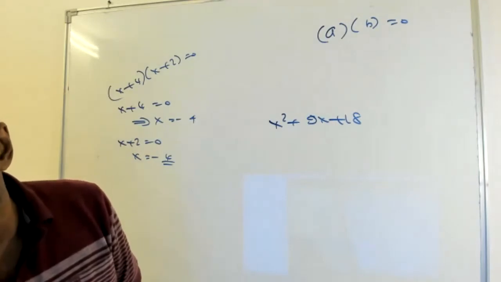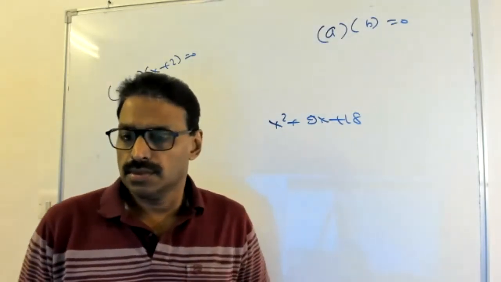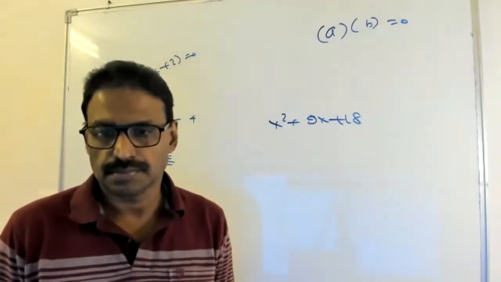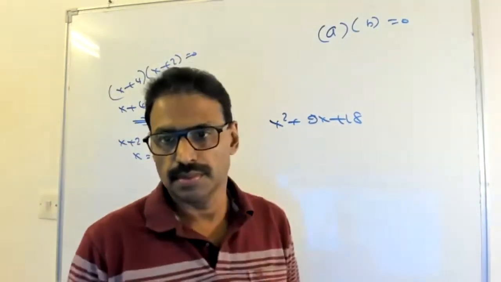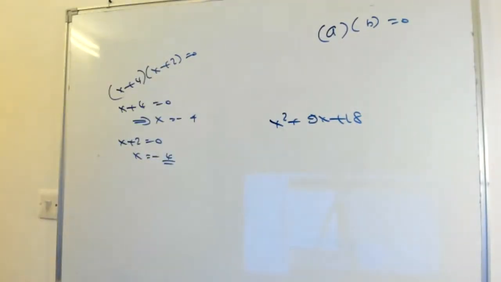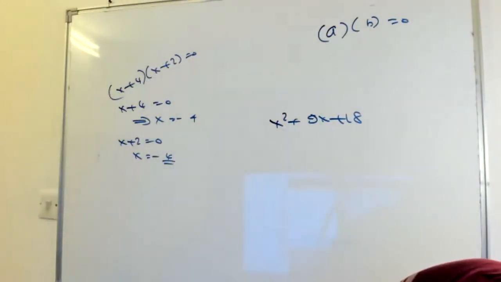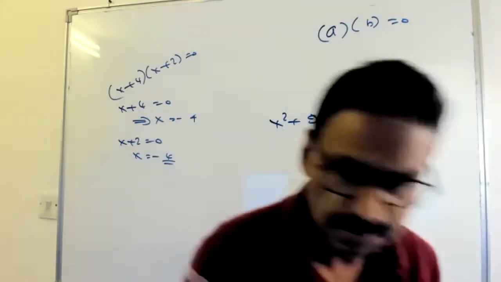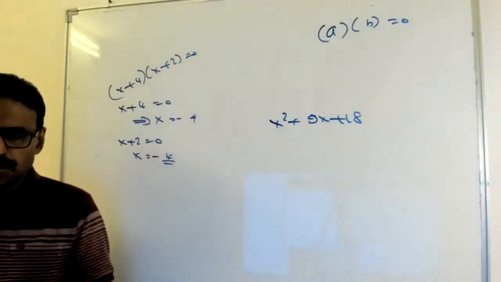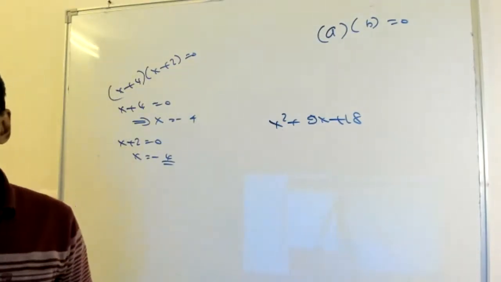Don't announce it. No, Muhammad Faisal, you have to not write like that. You have to find the zeros.